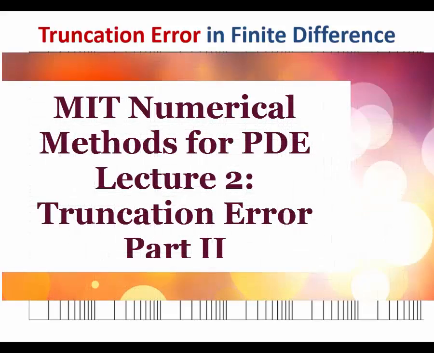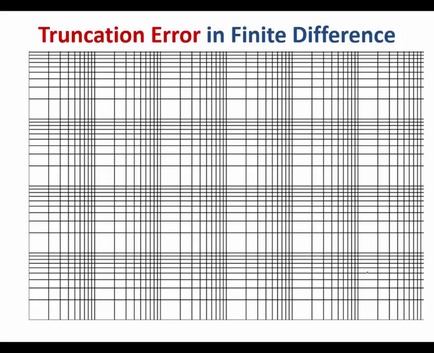Okay, and we usually can plot the truncation error in finite difference using that way. So let's say this is my delta x. I'm plotting this in log scale. It usually goes from, let's say, 1 to 0.1 to 0.01 to 0.001 to e to the minus 4, e to the minus 5, etc. Right?